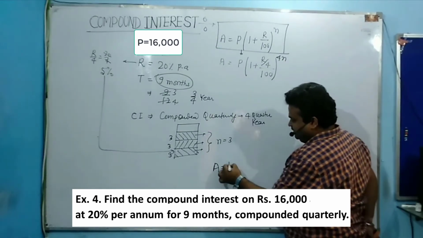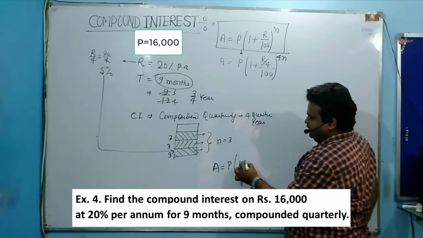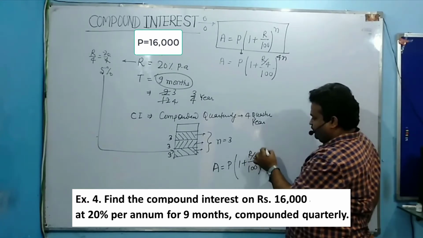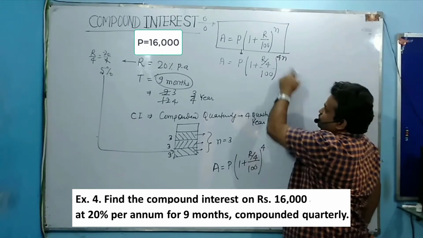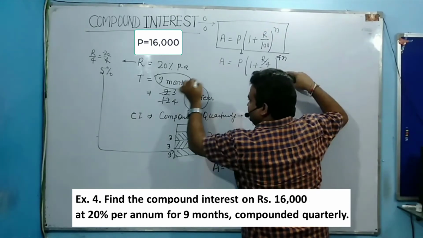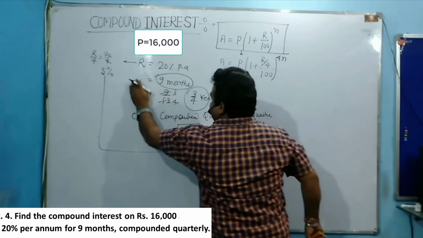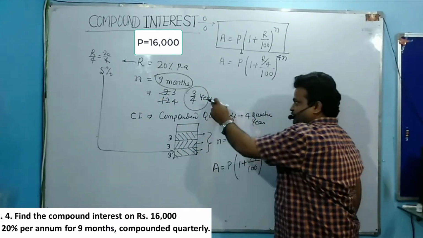Okay, no problem sir. So now calculate this value. R by 4 divided by 100, this is the 4. What is my n value? My n value is how many years? 3 by 4 years, sir. This is my n value now. This time is replaced by n. So this is 3 by 4.